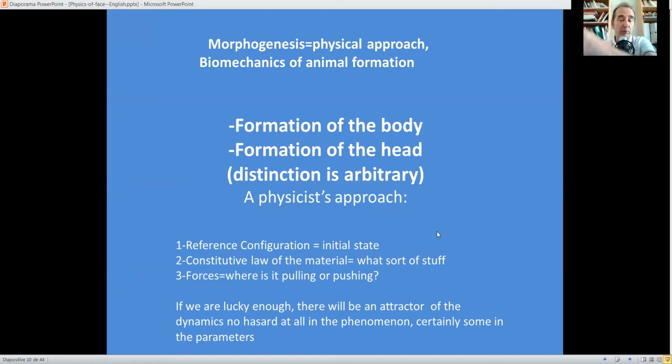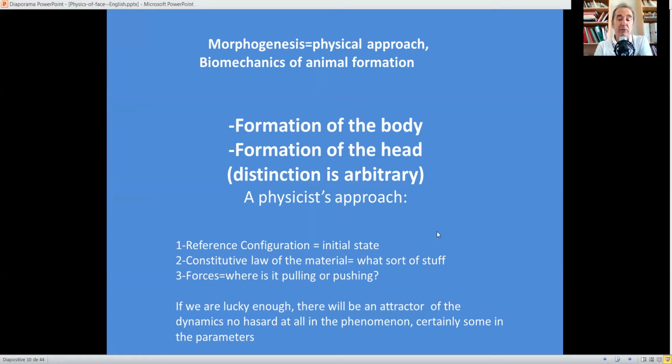So the scenario of development unfolds all by itself. And if you are lucky enough, there will be an attractor of the dynamics. And the attractor of the dynamics is what you will call the animal. So there is no randomness, no hazard at all in the phenomenon of development, or women make children automatically.